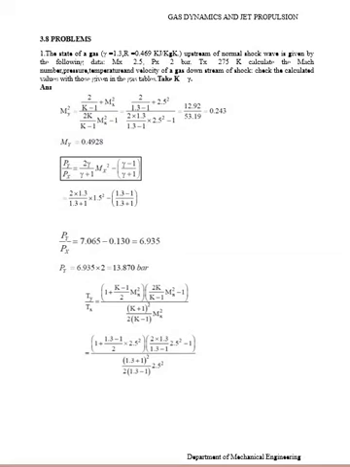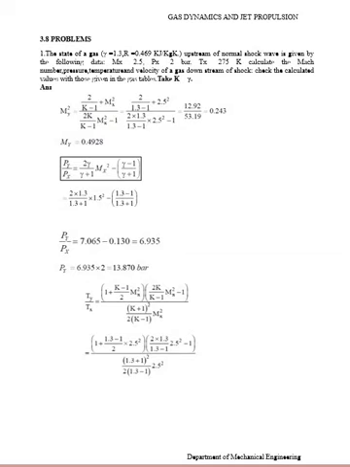The state of the gas upstream of a normal shock wave is given by the following data: Mx equal to 2.5, Px equal to 2 bar, Tx equal to 275 Kelvin. Calculate the Mach number, pressure, temperature and velocity of the gas downstream of the shock. Check the calculated values with those given in the gas table. Take k equal to the gamma value.